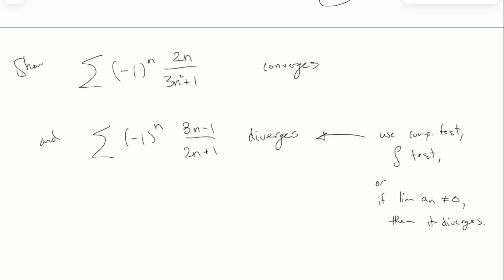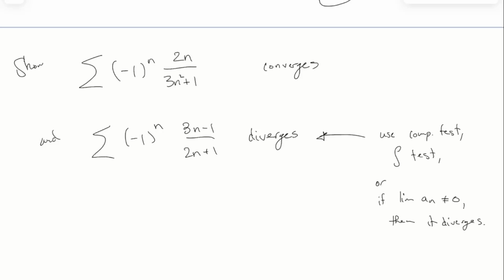I had a question though. So you do the limit test, you said if a_n doesn't equal 0, then it diverges, but then weren't we doing up here when it equals 1 over 2? This is 3n minus 1 over 2n, the same degree, right?